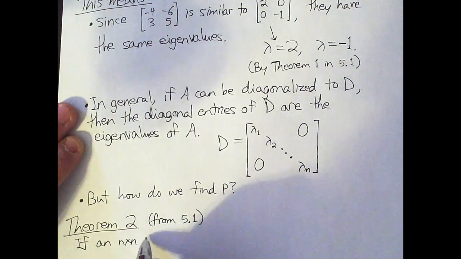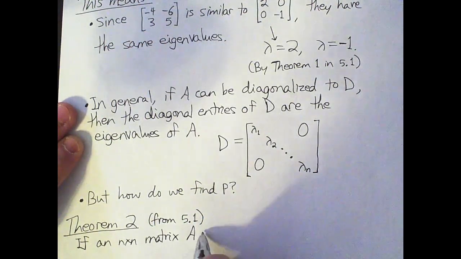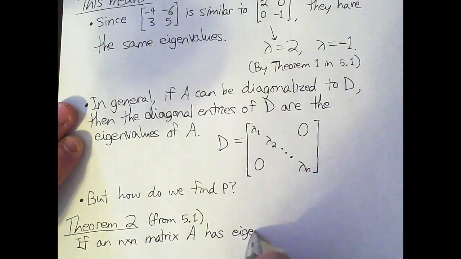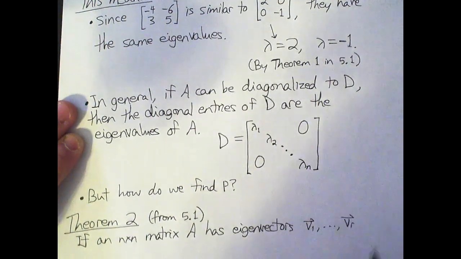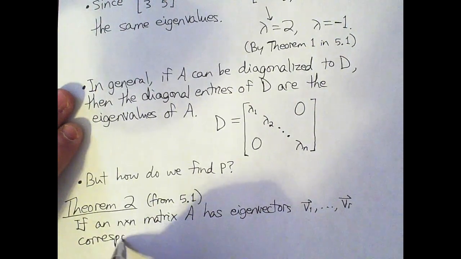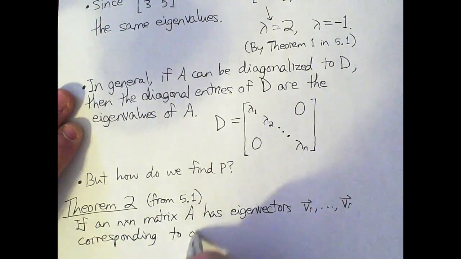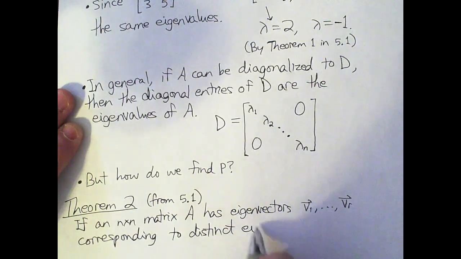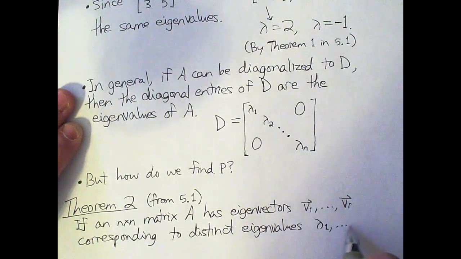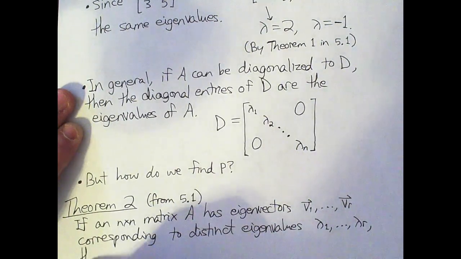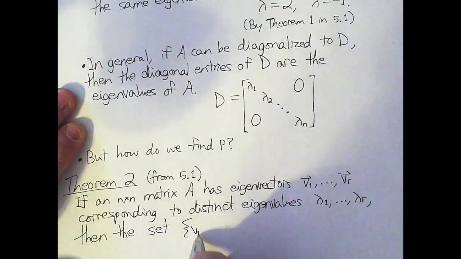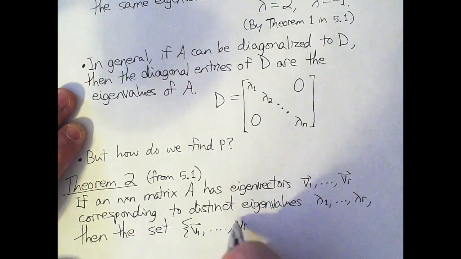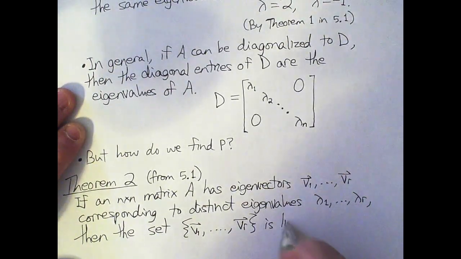If an n by n matrix A has eigenvectors v1 through vr corresponding to distinct eigenvalues lambda 1 through lambda r, then the set v1 through vr is linearly independent.